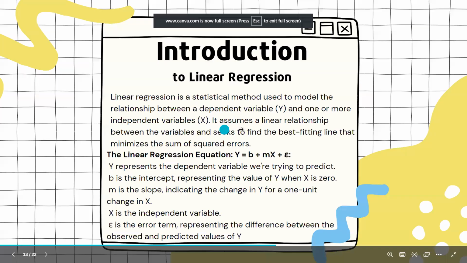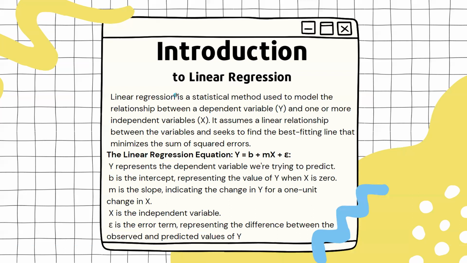So basically, linear regression is a kind of supervised learning wherein you have one variable and you have to predict another variable, such that between those two variables there is a linear relation, right? As you know, the linear equation is y equal to b plus mx, but some error term is also added here.